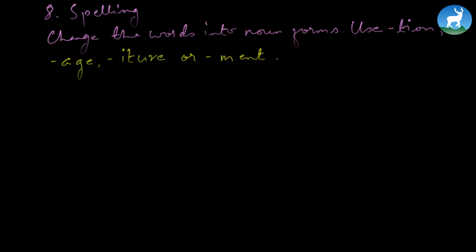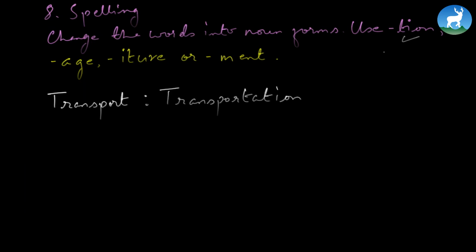For example, the first word given here is transport. Now by adding tion, transportation. Remember, for this one we added TION as a suffix. Suffix means we added at the end, and that makes it transportation, and of course making it a noun at the same time.